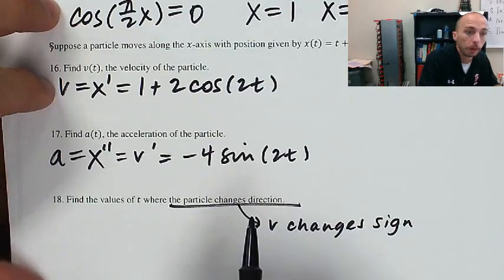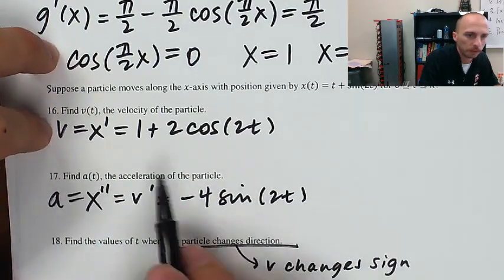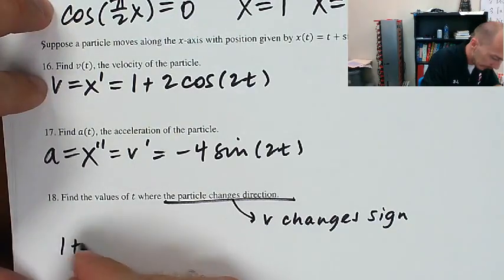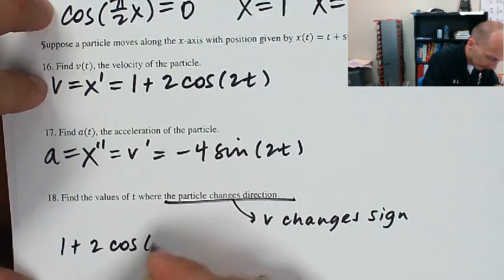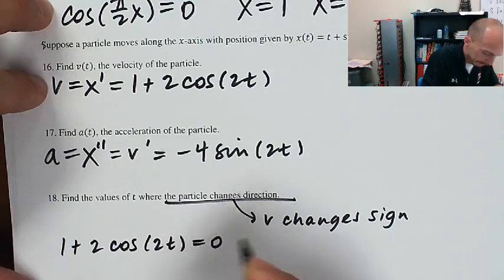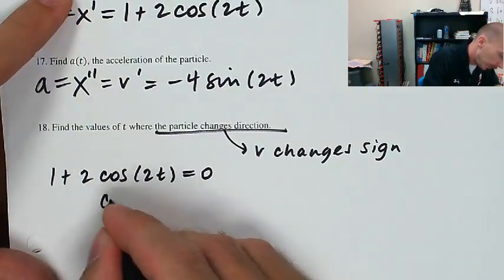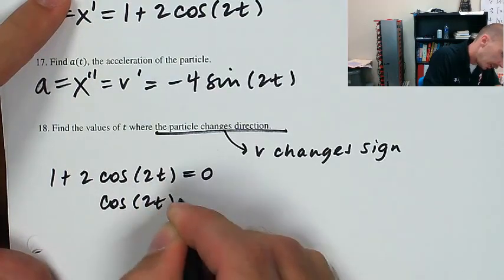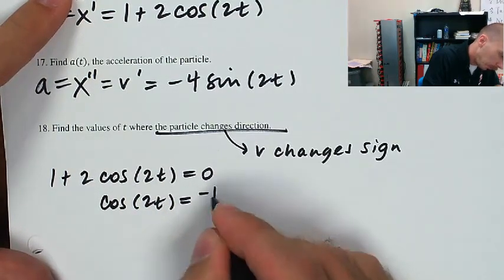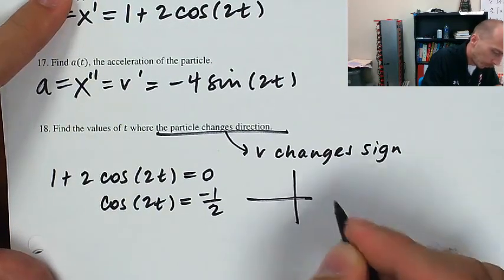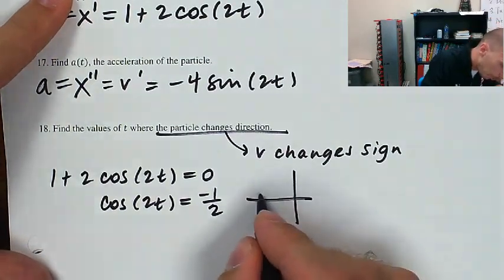So where does v change signs? Well, 1 plus 2 cosine 2t. I'm going to find where it equals 0, and hopefully that'll help me. So that means that that cosine has to equal negative 1 divided by 2. Where is cosine equal to negative 1/2?